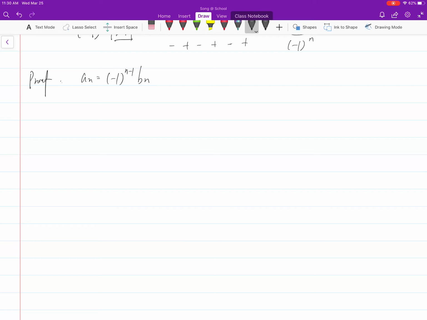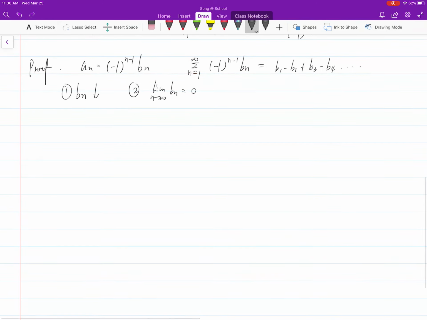This means your series is going to be the sum which is b1 minus b2 plus b3 minus b4. So plus minus, and all these b's are positive. And you do know bn is decreasing, and you do know the limit as n goes to infinity of bn is 0.